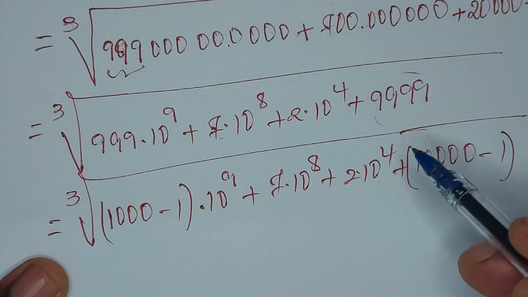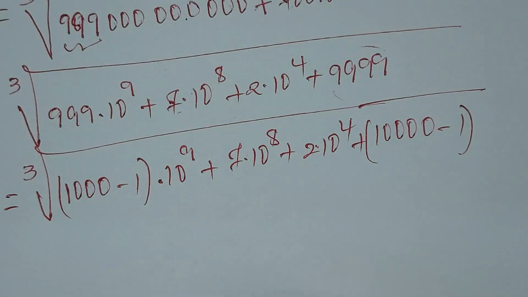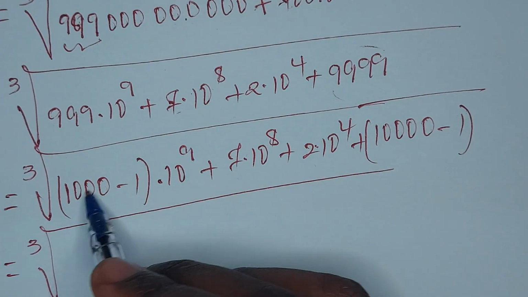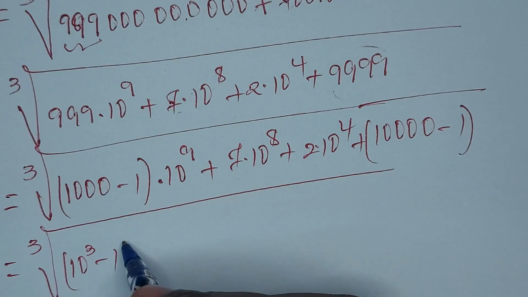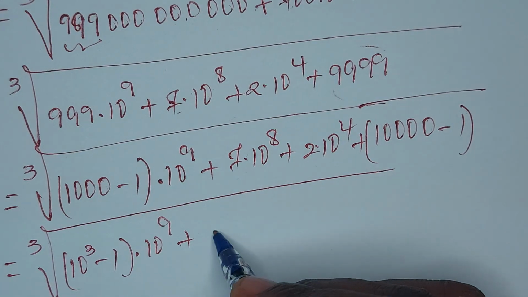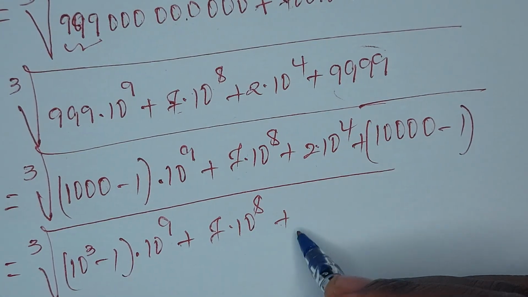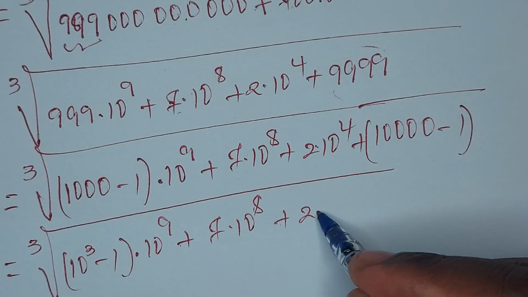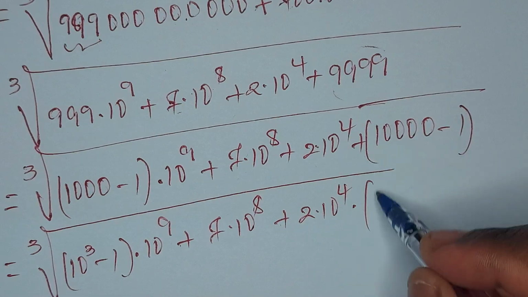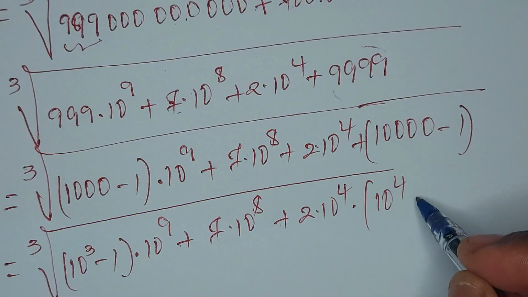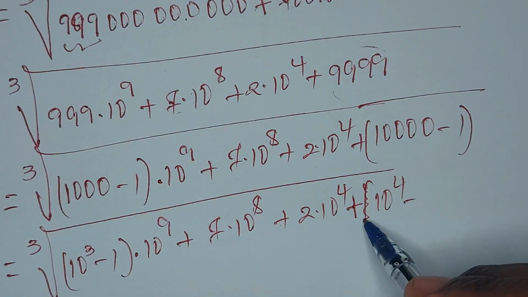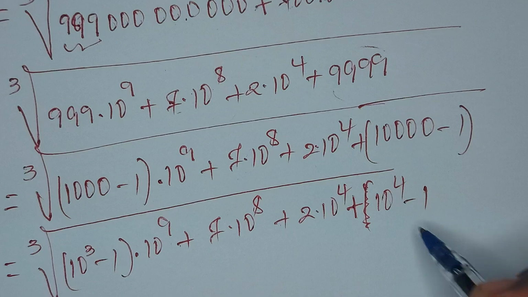So this is going to be 10 to the power of 3 minus 1, times 10 to the 9, plus 7 times 10 to the 8 plus 2 times 10 to the 4. Sorry, this is just a plus here, we don't need this bracket. Actually, this is plus 10 to the 4 minus 1.